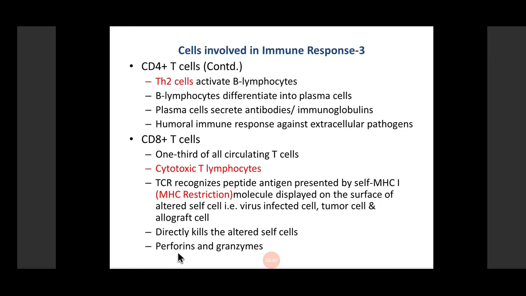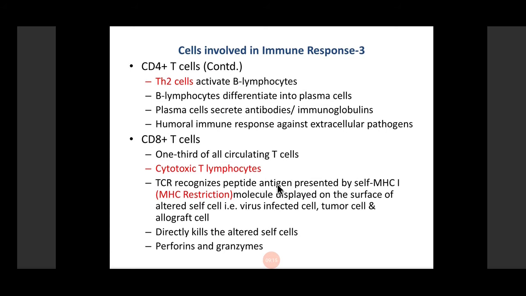Perforins, as the name says, create a hole in the cell membrane through which the granzymes enter, and the granzymes activate the programmed cell death pathway, also called apoptosis, which will be taught to you in your pathology classes. So that's how the CD8 positive T cell kills a cell which is presenting an antigen that it can recognize in context of MHC class 1.